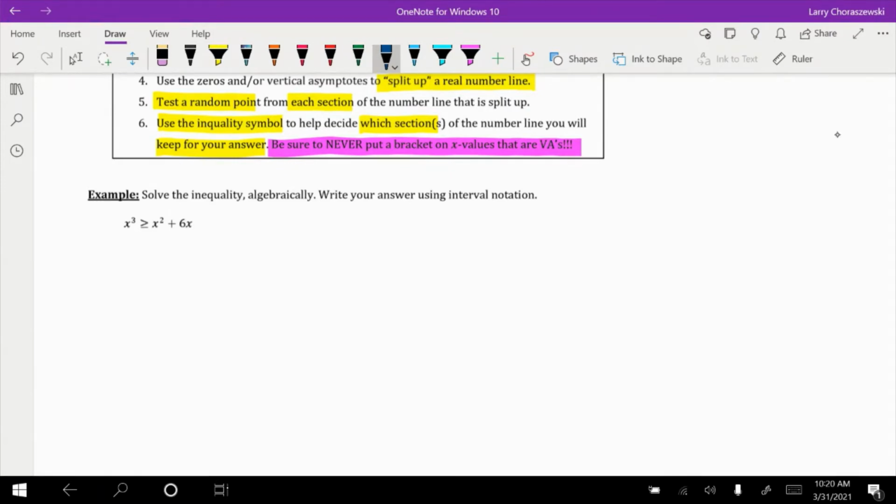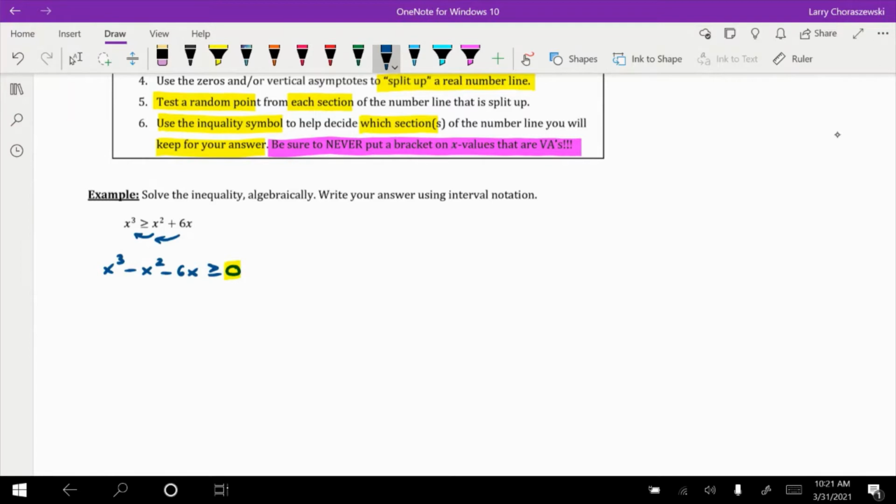On the left-hand side, the highest power of x is 3, and on the right-hand side, the highest power of x is 2. So for that reason, I'm going to move the terms on the right over to the left to get x cubed minus x squared minus 6x is greater than or equal to 0. That gets us 0 on the right-hand side.